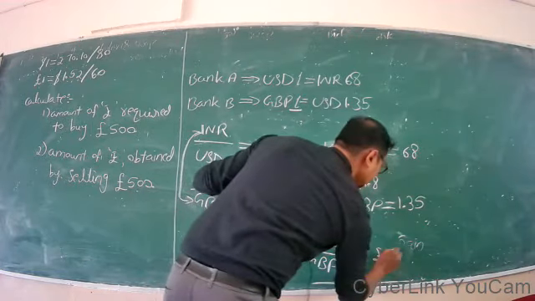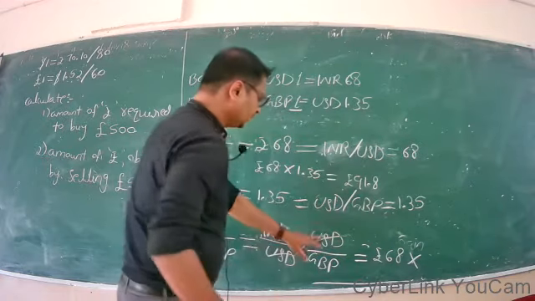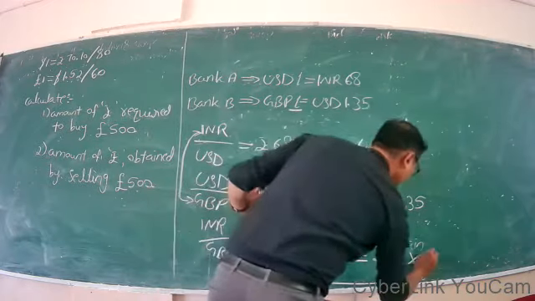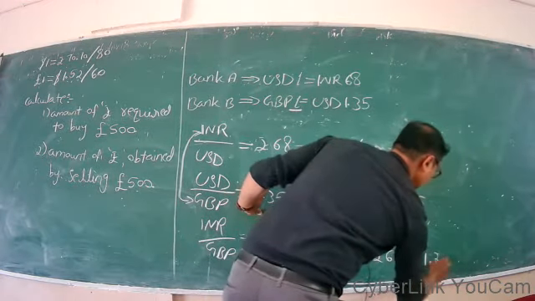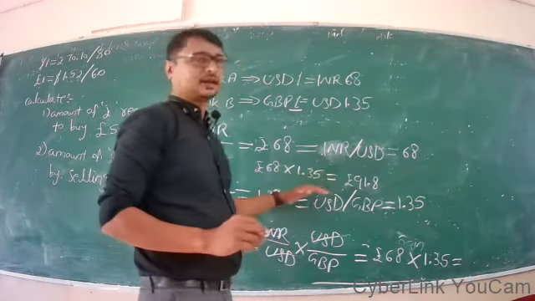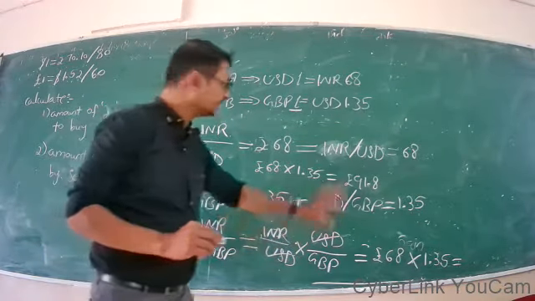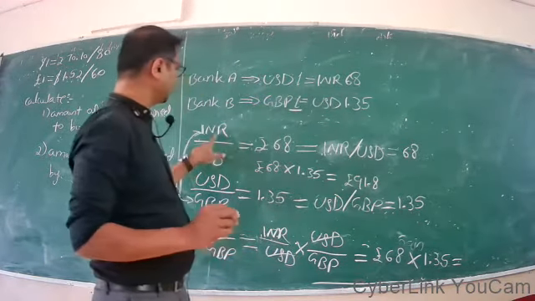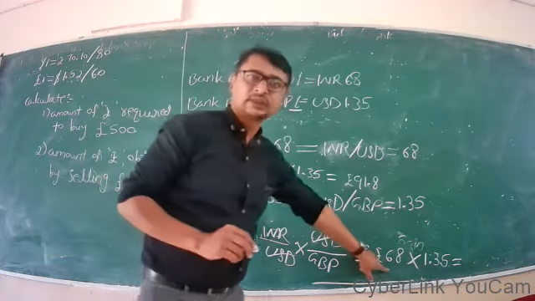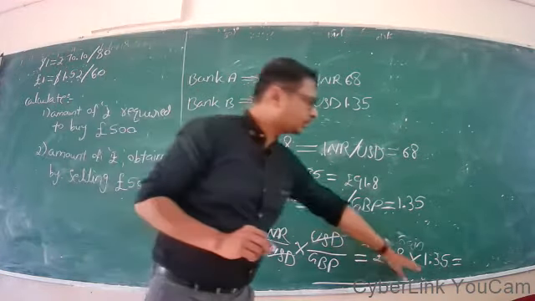INR per USD is given, it is rupees 68, and US dollar per GBP is given, 1.35. That is where this mathematics comes in. We have redrafted the quotation: INR per USD is 68, US dollar per GBP is 1.35.